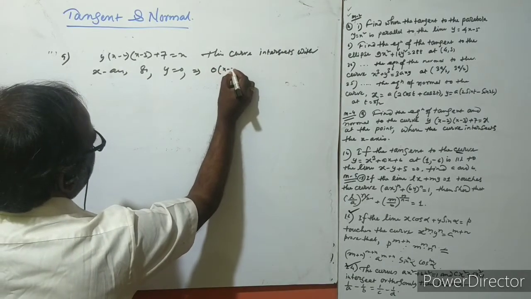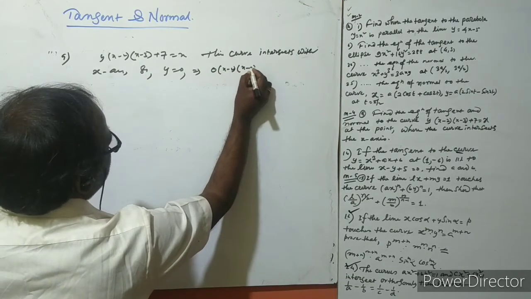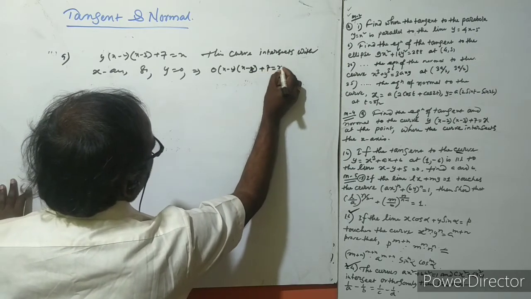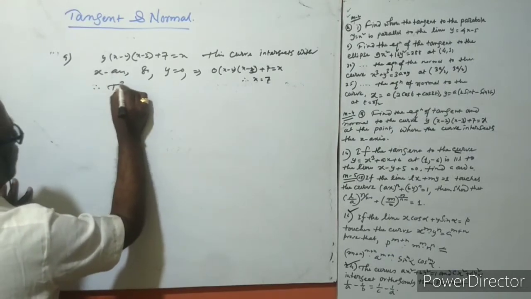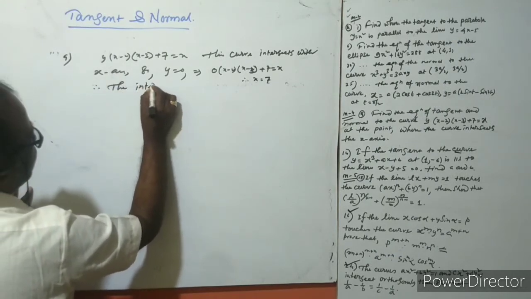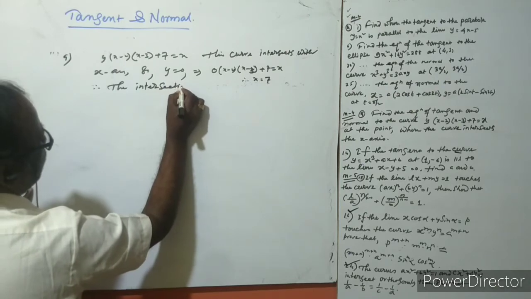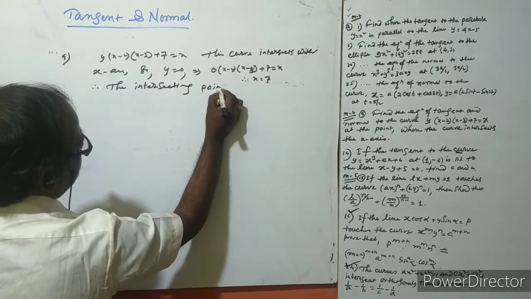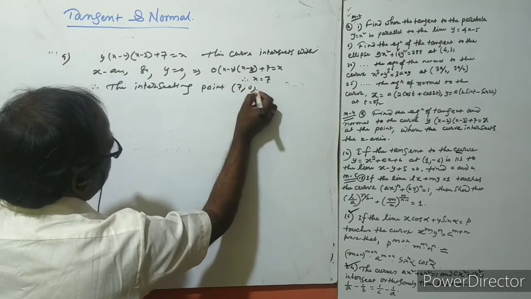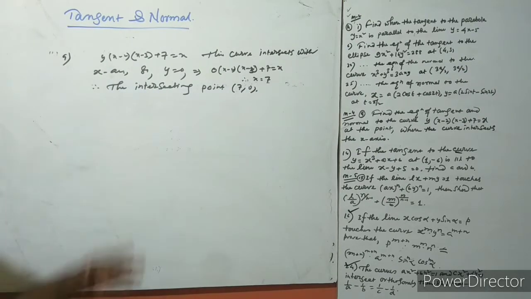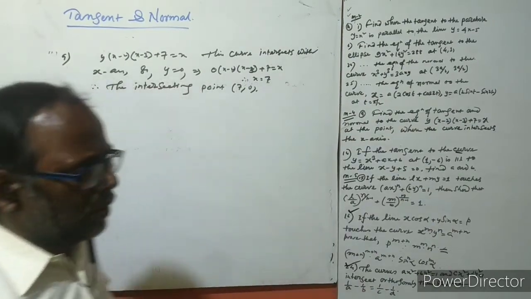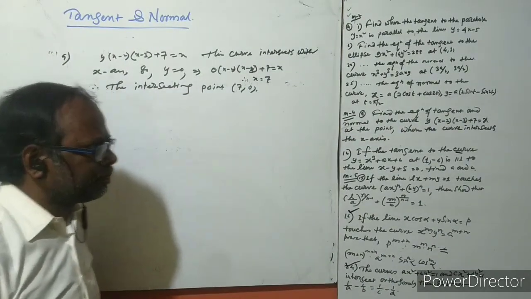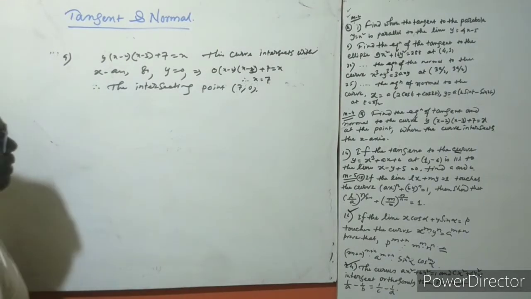Putting 0 into (x minus 2)(x minus 3) plus 7 equal to x, we get x equal to 7. Therefore the intersecting point is (7, 0). Now we have to find the slope of this curve at the point (7, 0), so find the slope of the tangent and normal at that point.